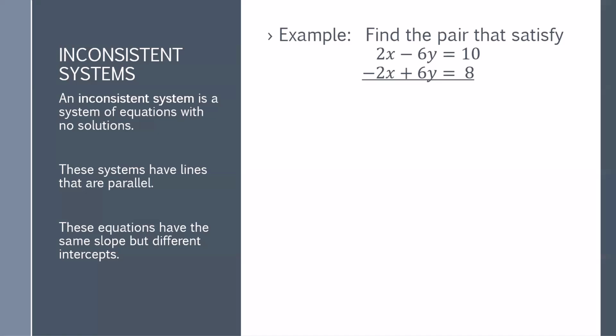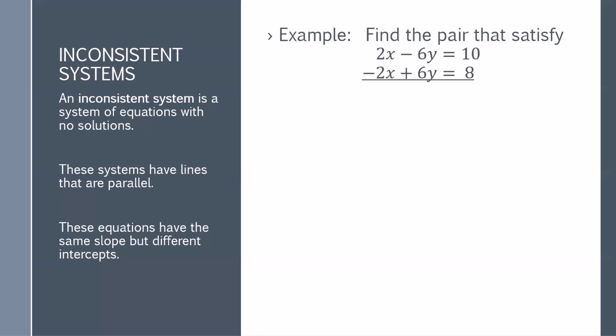We mentioned that systems of linear equations can have a unique solution, no solutions, or infinitely many solutions. An inconsistent system of linear equations is a system of equations with no solutions. Essentially, what we have is two lines that are parallel. These equations have the same slope, but different y-intercepts. So for example, we want to find the pair of values (x, y) that satisfy 2x minus 6y equals 10 and -2x plus 6y equals 8.